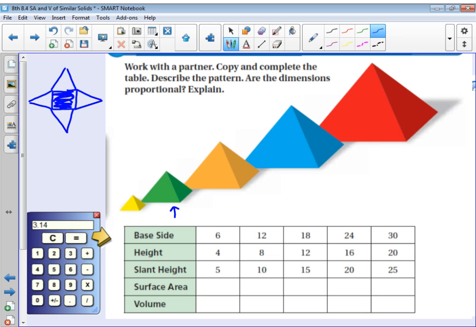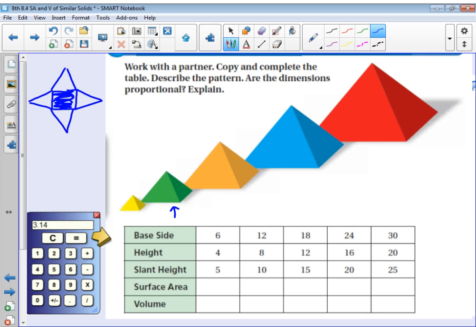So we need to understand the difference between our height versus our slant height. Your height is going to be the distance from the base. If I could walk into the very middle of this pyramid and stand in the middle of it, the height is identified from the very middle up to the point.